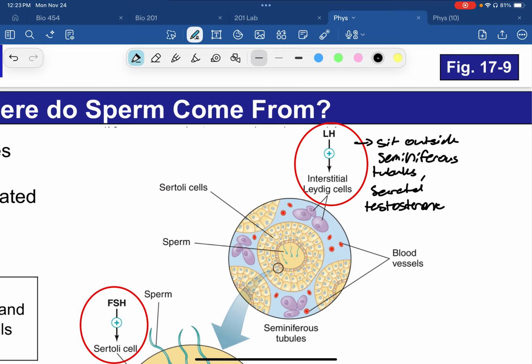This is important because it drives spermatogenesis, or the creation of sperm, because it needs testosterone to be able to differentiate and develop.